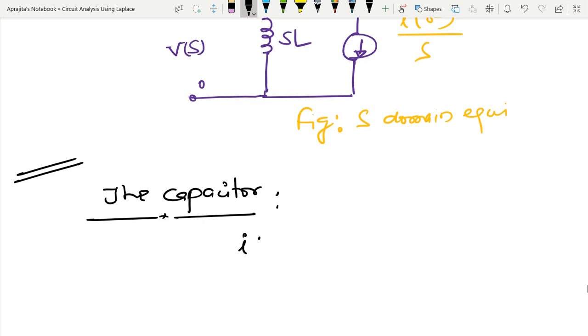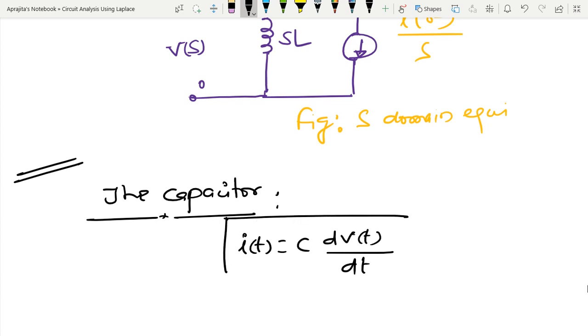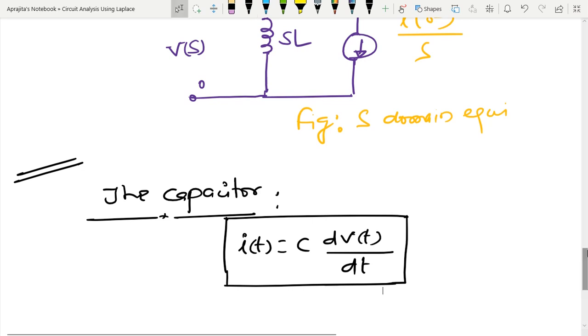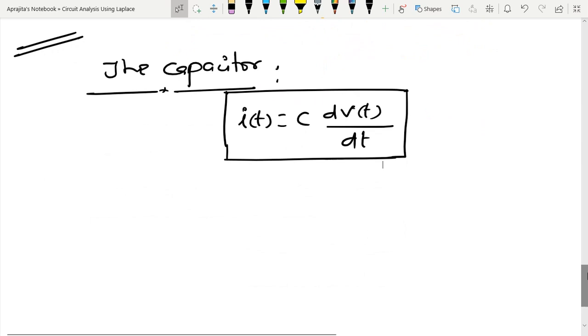So I can write i(t) equal to C dv(t) by dt. So this is the time domain model of the current and voltage across any capacitor. And now I have to convert this into the S domain.